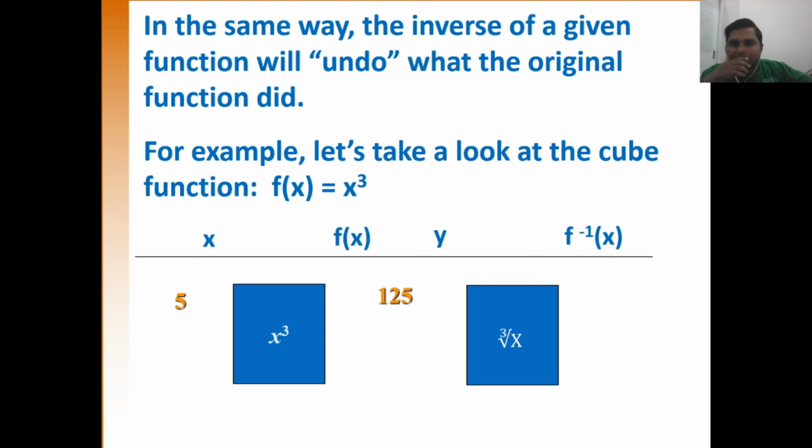Like when you were putting the blue egg into the bleach, it was giving you the white egg, the initial x value. So here, if you substitute 125 into the function cube root of x, which is the inverse function of x cubed, you get the 5 back. Okay, so that's how the inverse function undoes everything which was done by the function.